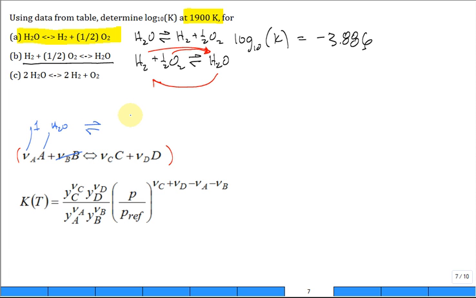This dissociates to hydrogen with a 1 coefficient and 1/2 on O2. True? Write it now for our new equation, and we're going to say nu sub A is 1 times H2 plus 1/2 O2. This combines to become 1 H2O. True?